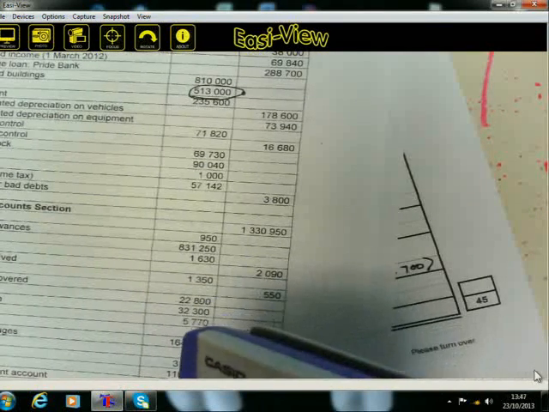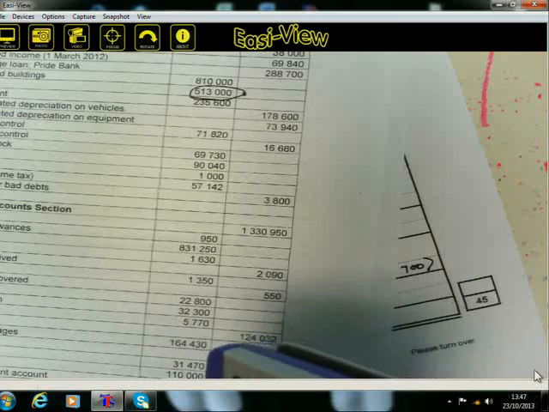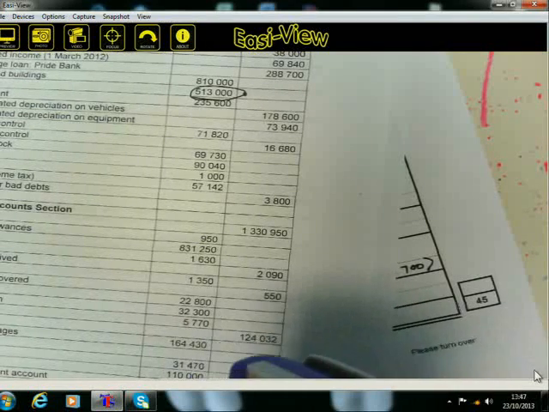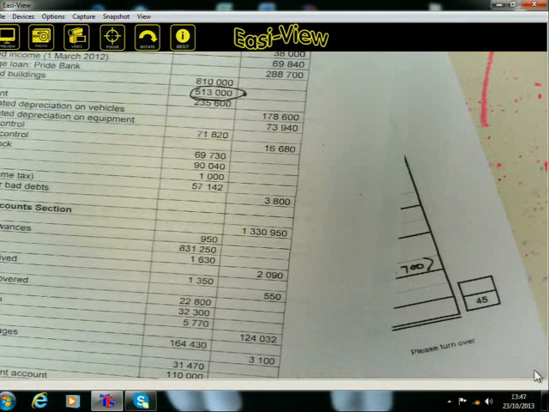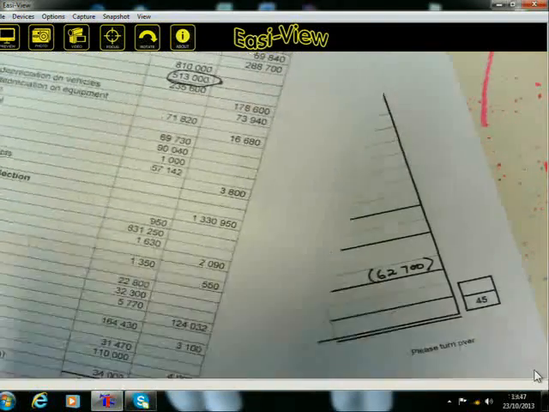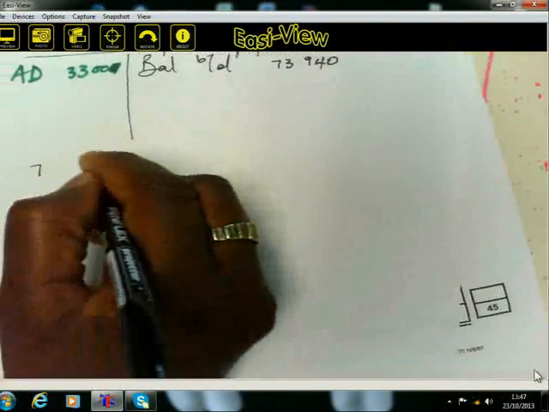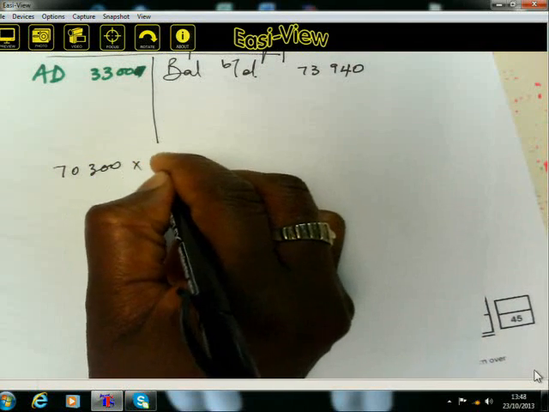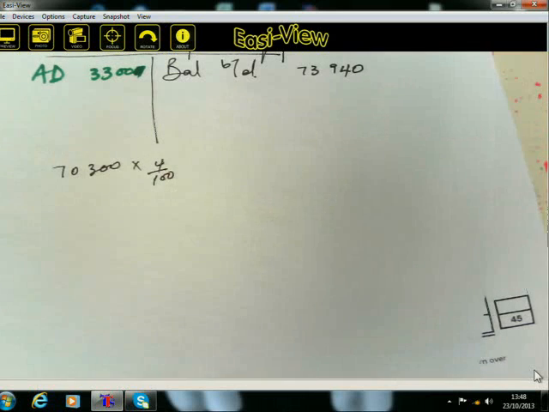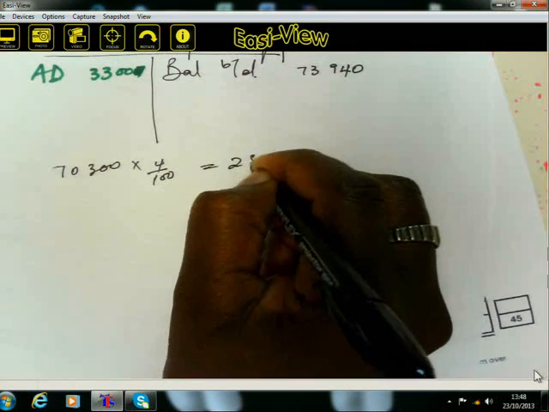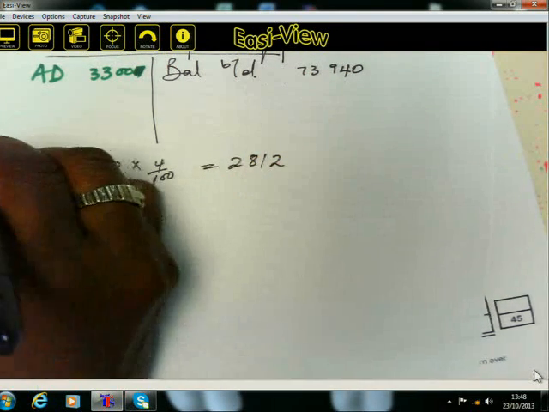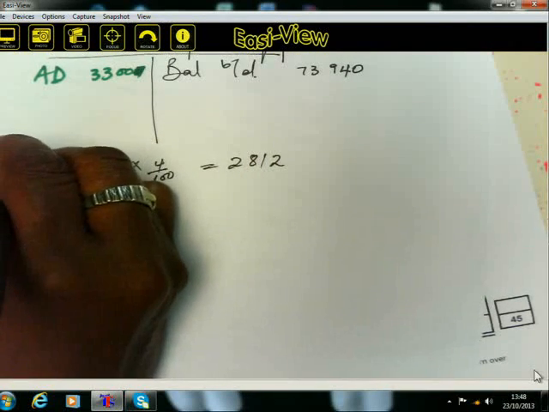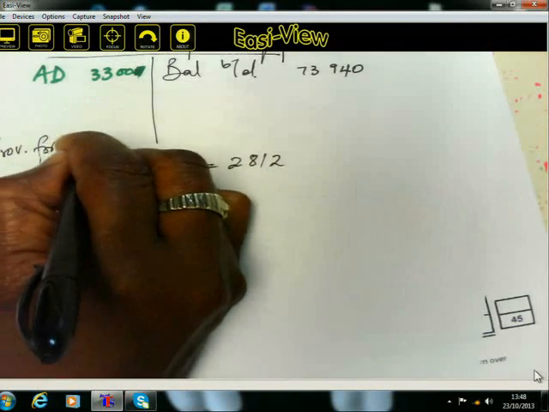We talk about the outstanding debtors, the debtors that have not yet paid us, that we hope they will pay us, and that will be 70,300. So we calculate 4% of 70,300, and the 4% equals 2,812. This is the provision for bad debts.